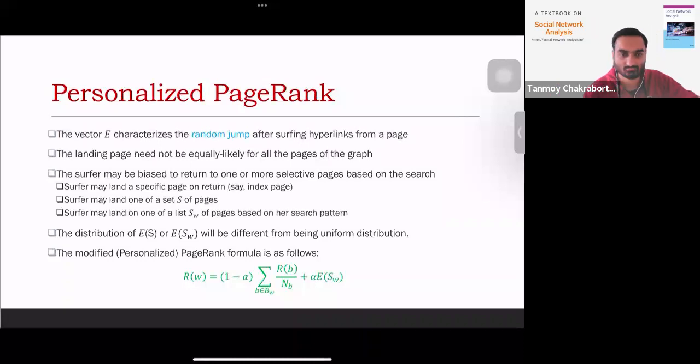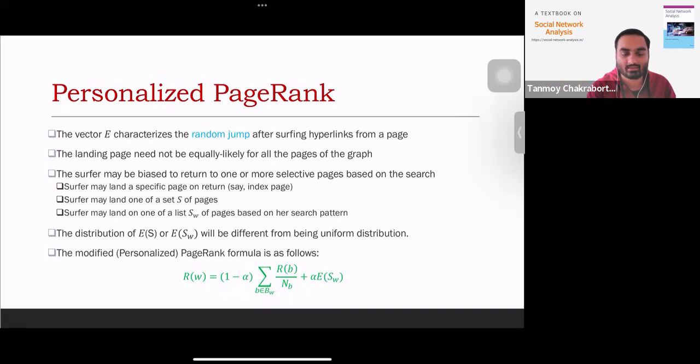Right? So what I mean to say is that at every node, I mentioned earlier that there is a teleportation probability of 1 by n. That means that you can jump from this node to any of the nodes in the network. Okay.